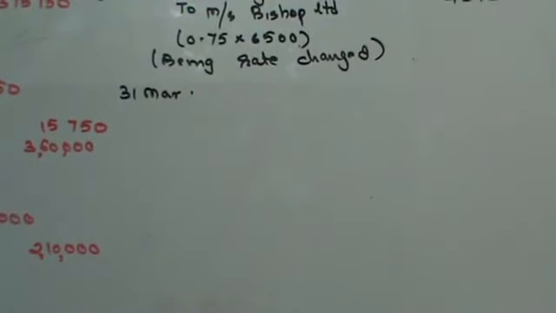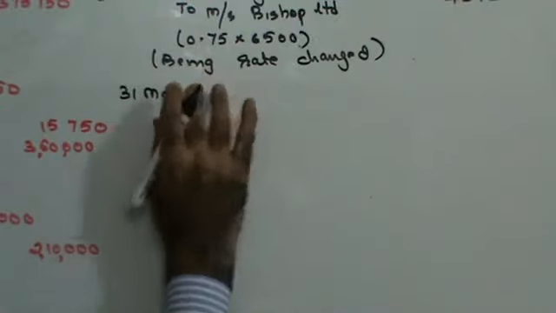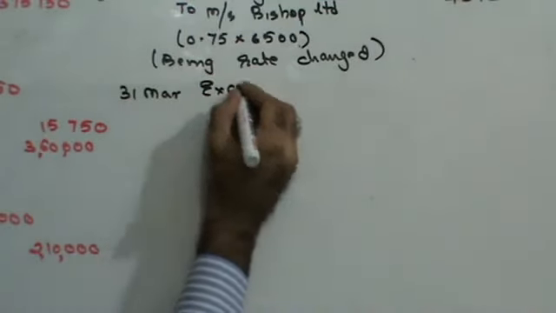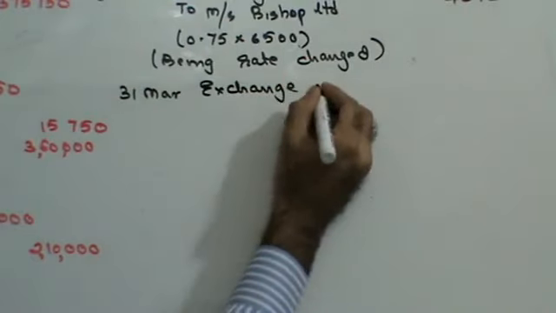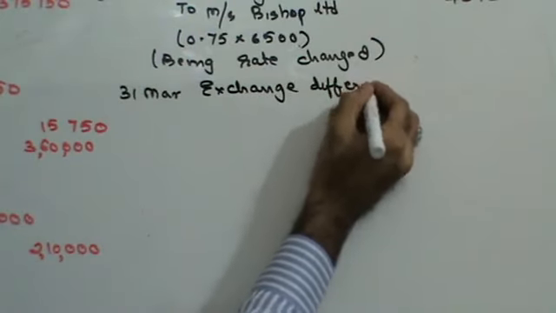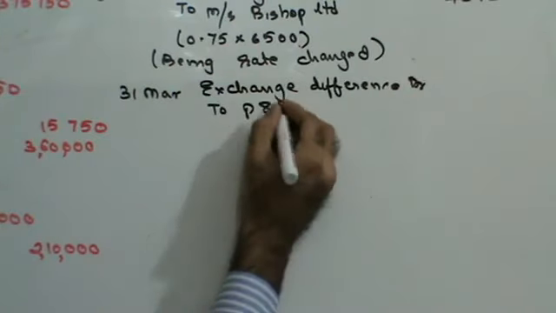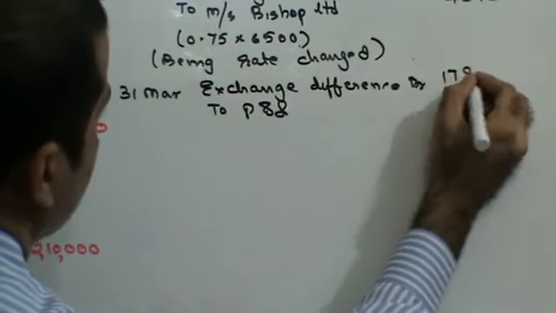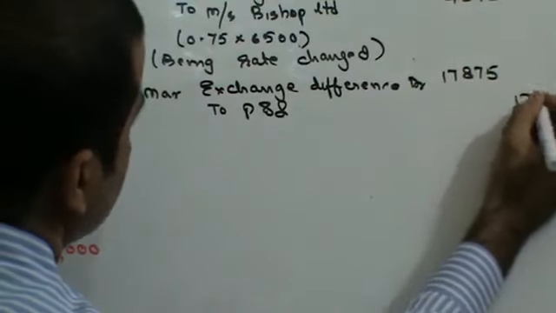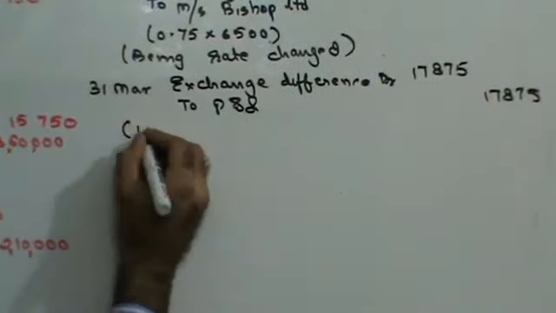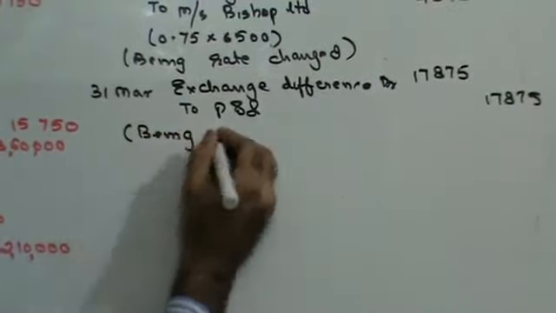Someone tell me. 17,875 profit. Profit means P&L on the credit side. So exchange difference account debit to P&L 17,875, being profit transfer.